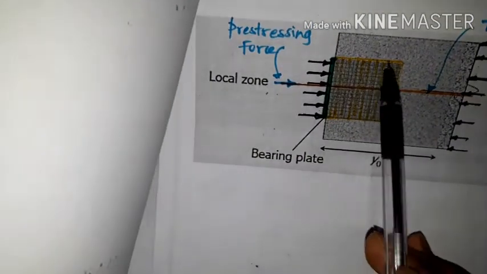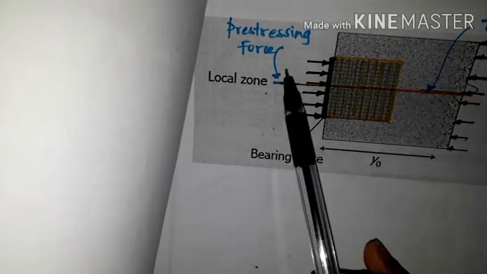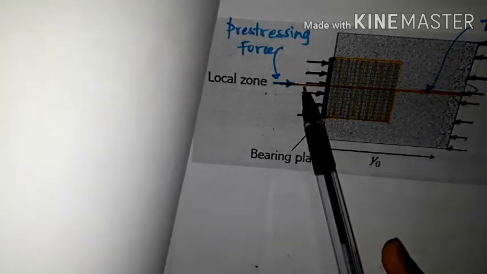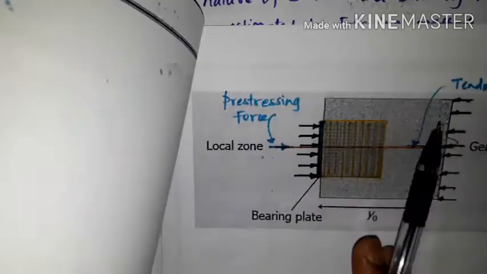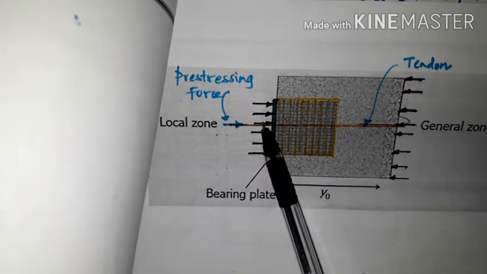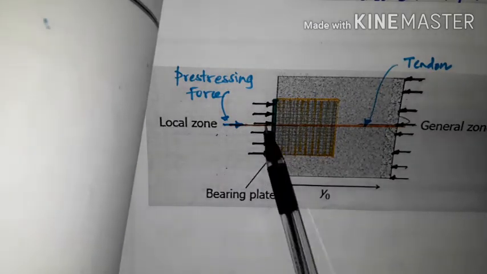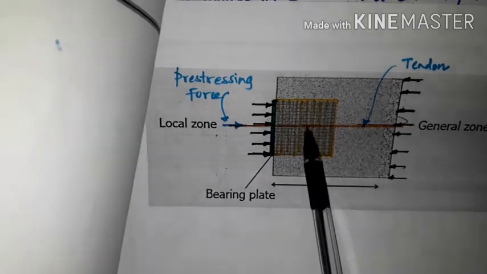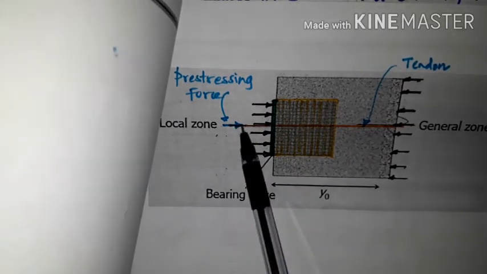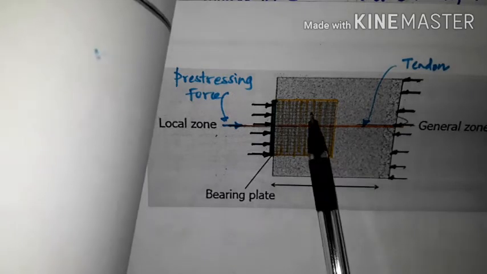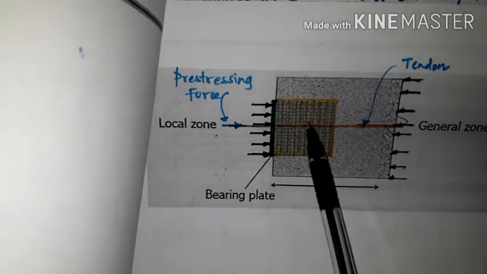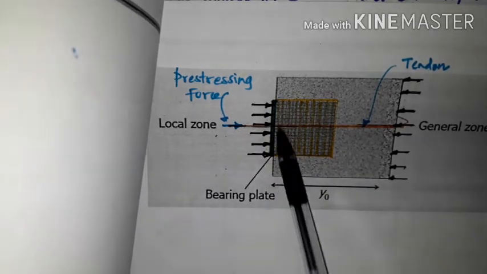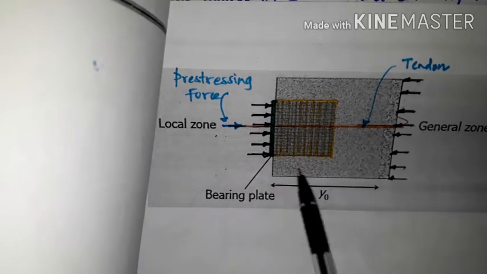So how will the bursting force develop? When the cable is pulled and anchored at the end, it tends to go back or contract elastically, and because of that the prestressing force P is transferred to the concrete.